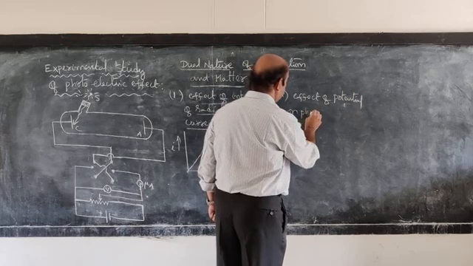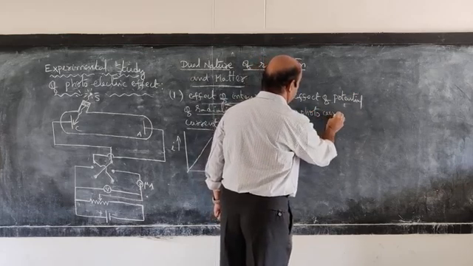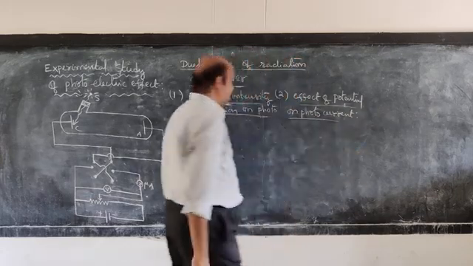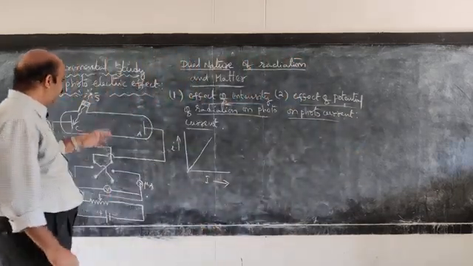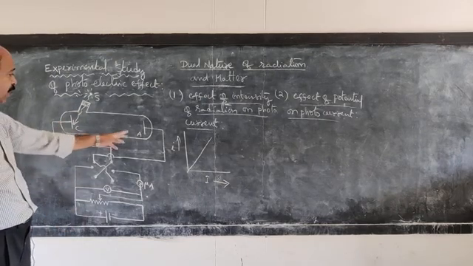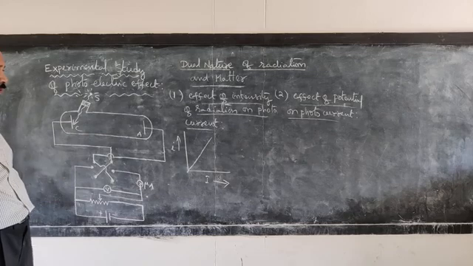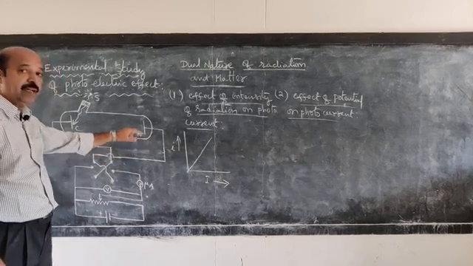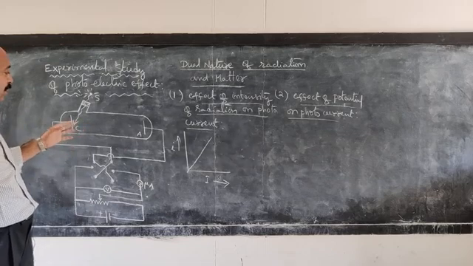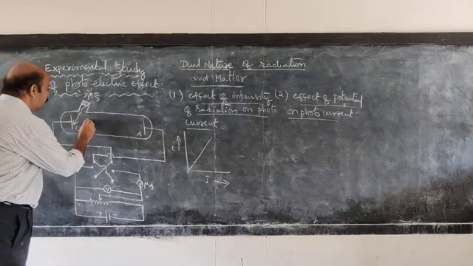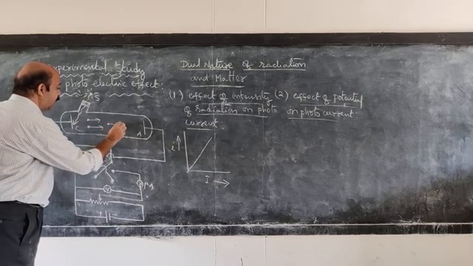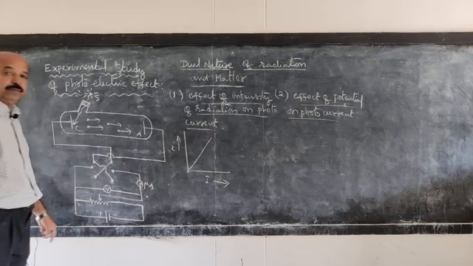Keeping the frequency of the incident radiation constant, if you change the potential difference between cathode and anode, that means if you increase the positive potential of anode with respect to cathode, more and more electrons are accelerated towards the anode.